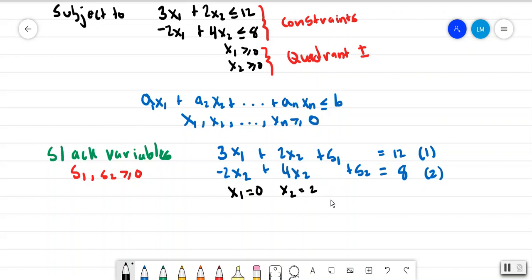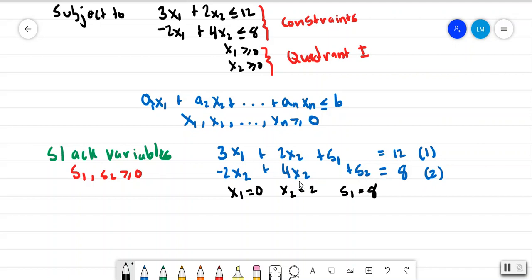Well, notice that in the first equation you would have 2 times 2, which is 4, but that's going to be 8. So that means that S1 has to be 8. Why? Because 2 times 2 is 4, plus the 8 gives you 12.